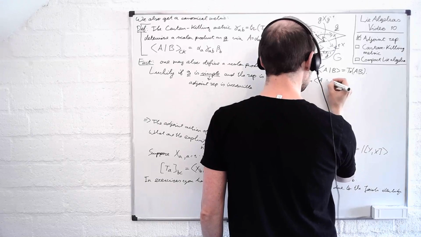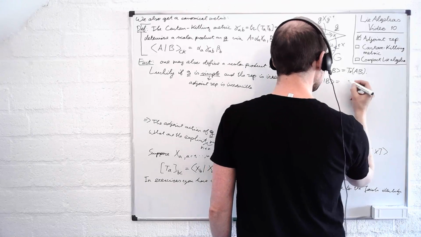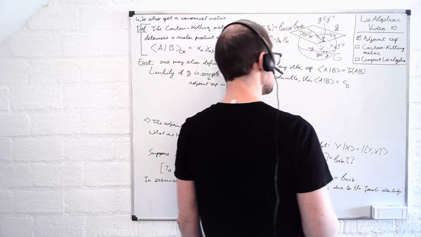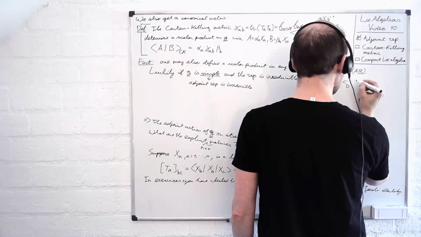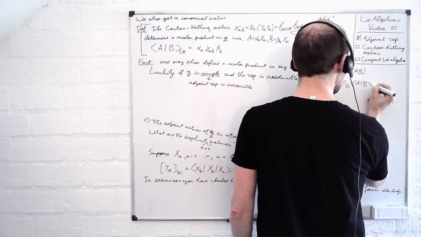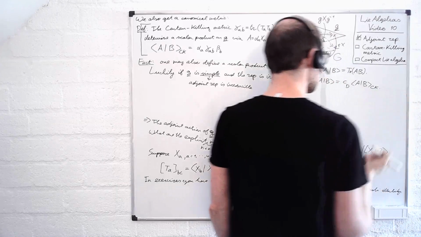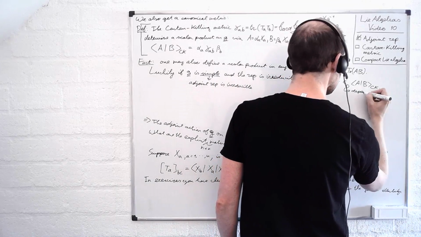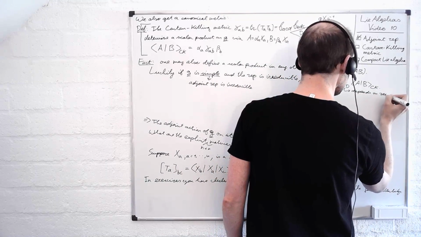Then <A,B> is really just some constant C, depending on the representation you're in, times the Cartan-Killing inner product. So this depends on your representation.